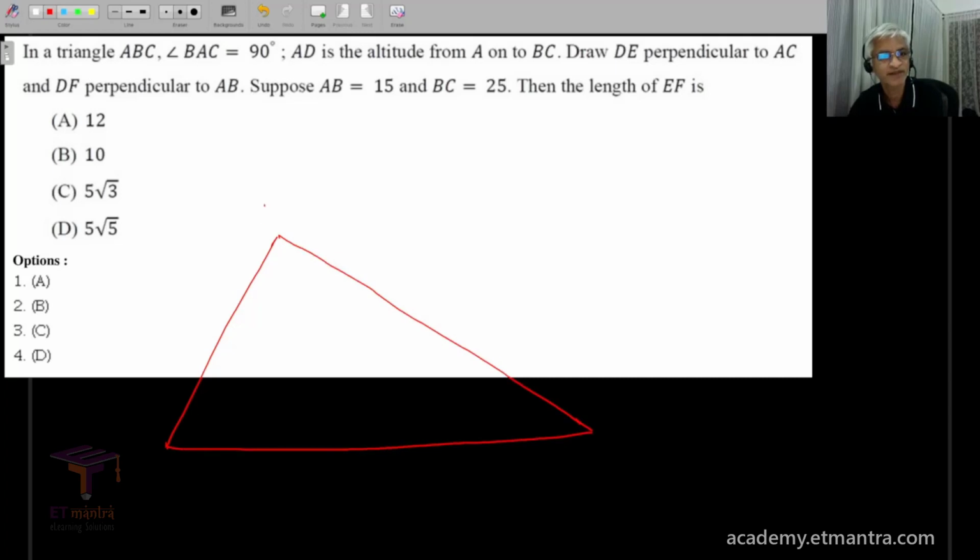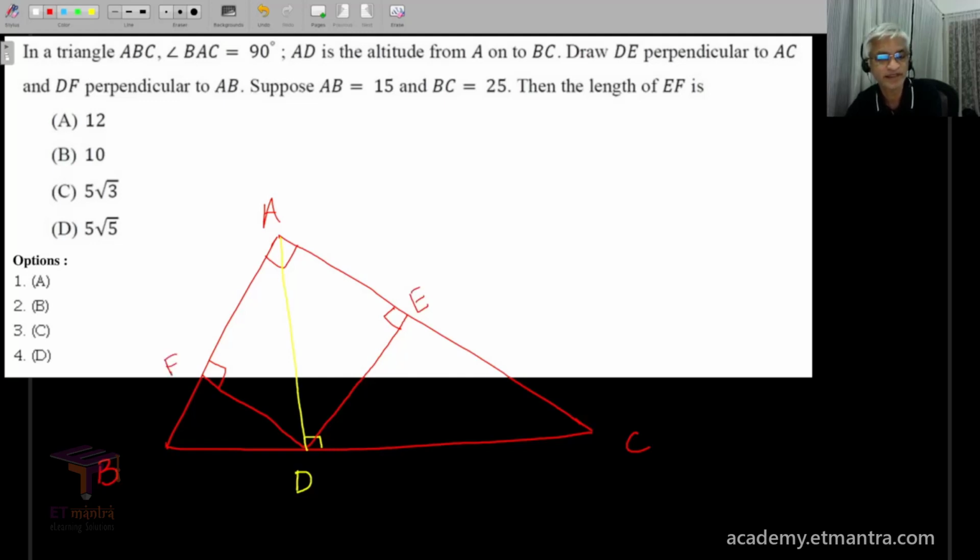We have this particular angle as 90, and then there's lots of other information given, which is that there is an altitude AD, and this is 90. Now some more information is given, which is that there are two more lines drawn which make an angle of 90. So we have DE and also DF.